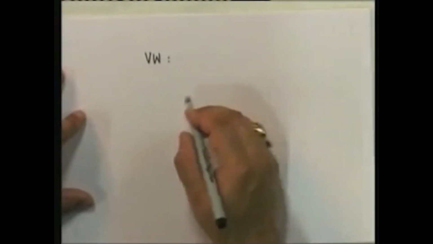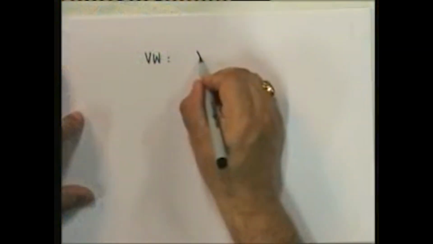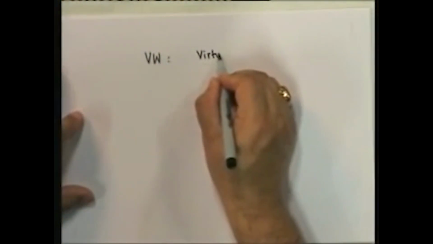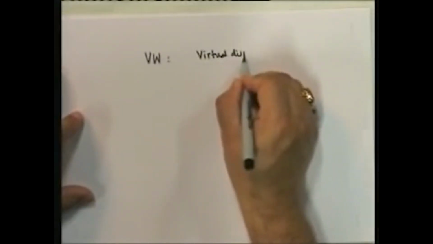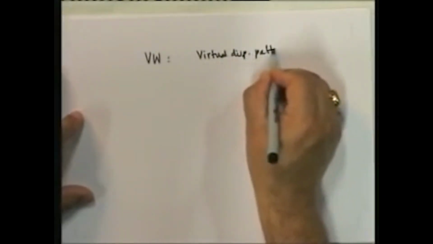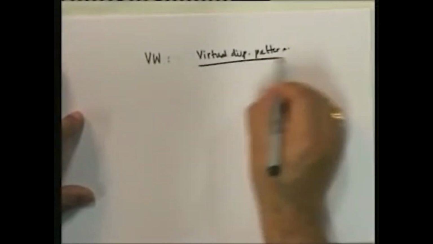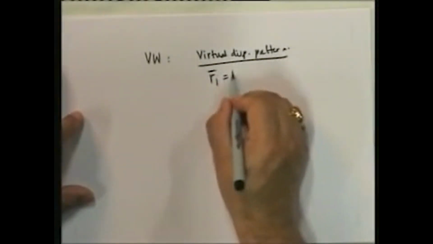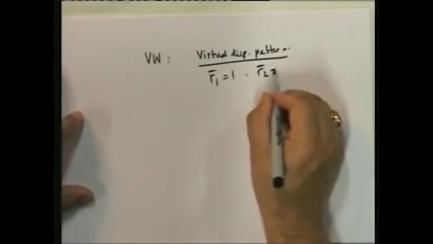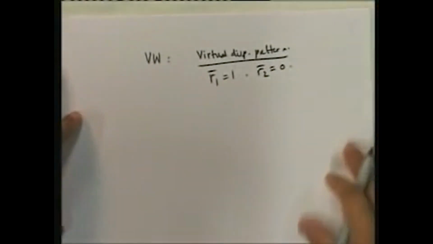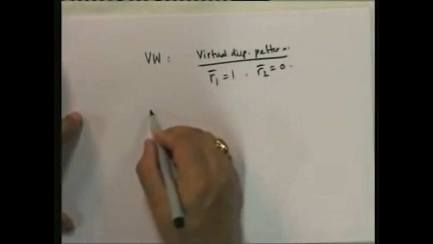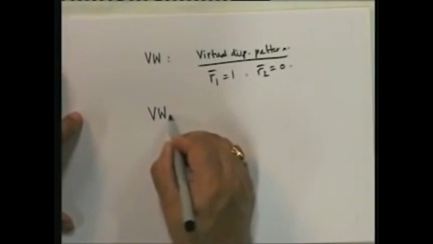And since I have 2 degrees of freedom, I have to write 2 independent equations. So my first equation, my virtual displacement pattern, R1 equal to 1, R2 equal to 0, and I find out the work done by external.